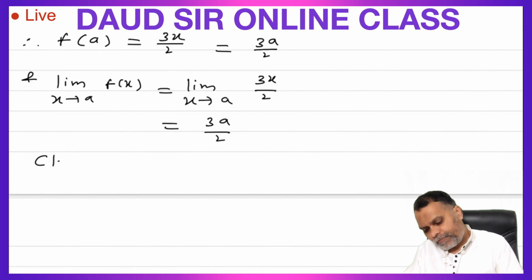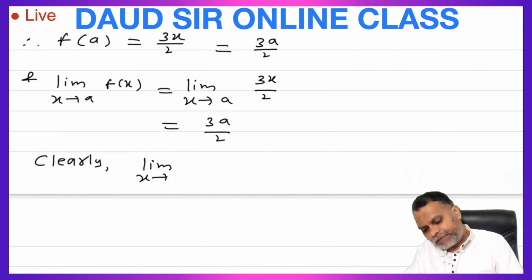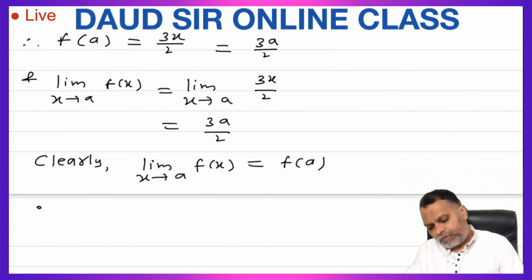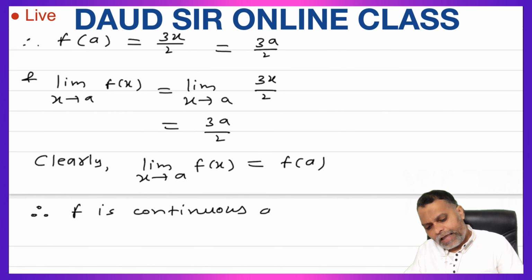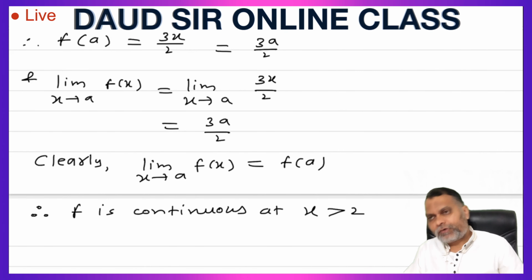Clearly, limit x tends to a f of x is equal to f of a. Therefore, f is continuous at x greater than 2.